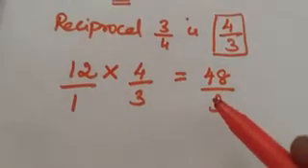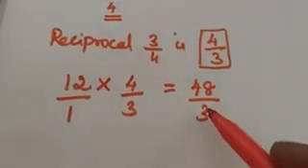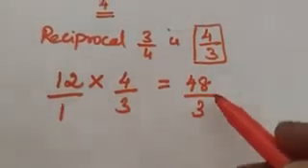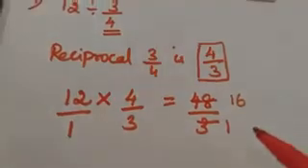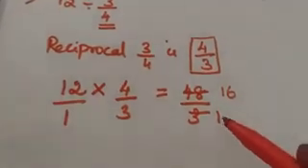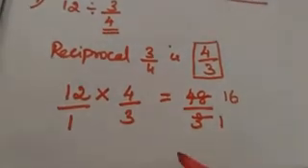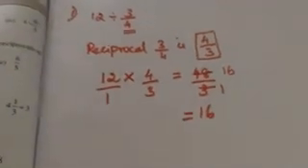Now you can convert this into a mixed fraction also, but this is exactly divisible, because 48 can be divided by 3, so you can cancel it. 1 threes are 3 and 16 threes are 48. So the answer is 16.